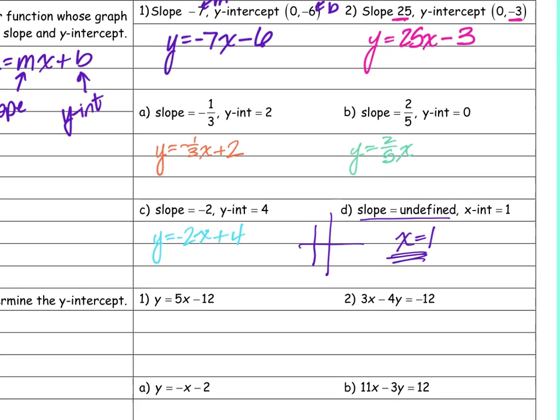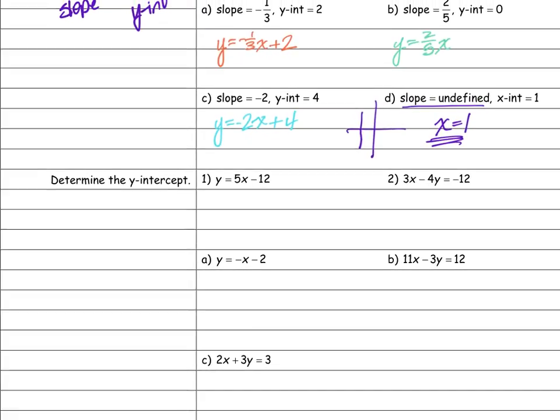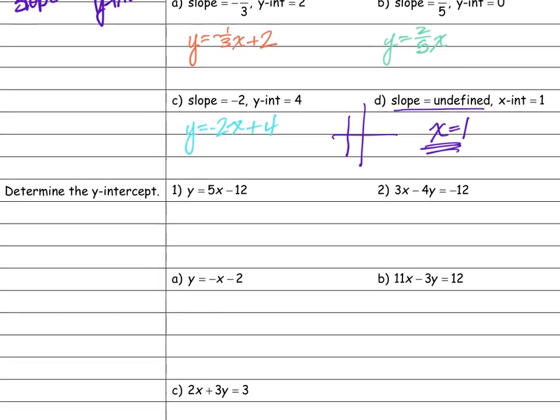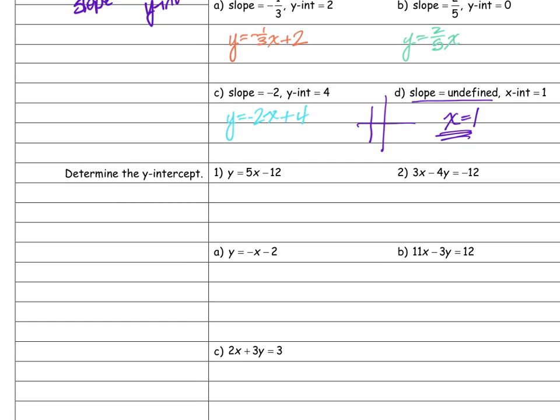Okay, so the next thing is they just want to know what the y-intercept is, only the y-intercept. So again, I'm going to look for y equals mx plus b. If my equation's not solved for y, I'm going to solve for y first. And then the y-intercept is just the constant that's by itself.